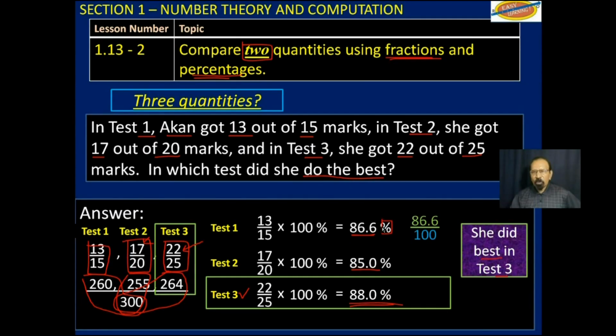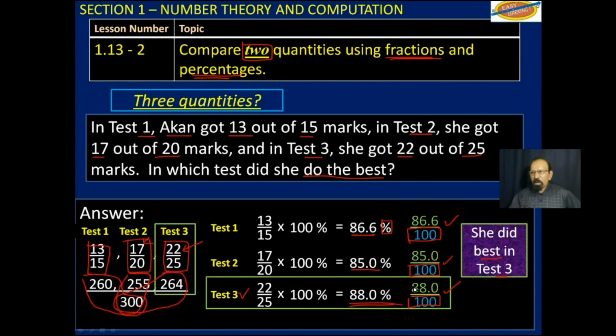So 86.6% is 86.6 out of 100. 85.0% is 85.0 out of 100. And 88.0% is 88 out of 100. So when you carry percentage, you are in effect carrying them to a common denominator, and the denominator is always 100. You may not have realized that. I just thought I would point it out.